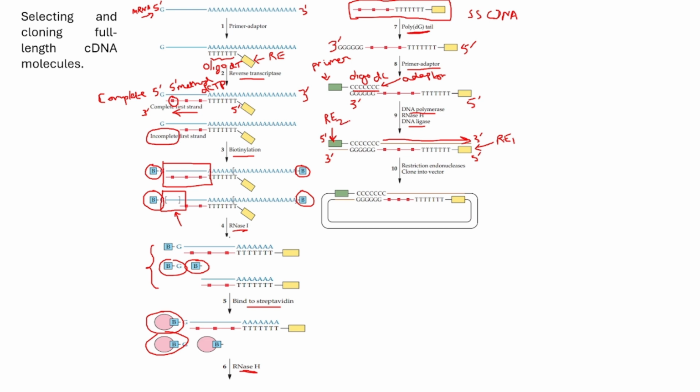Now during the synthesis of the second cDNA strand by DNA polymerase, none of the dNTPs are methylated. So as you can see here, the lower strand which you synthesize first from the mRNA has methylated dCTP, but in the upper strand there is no methylation.